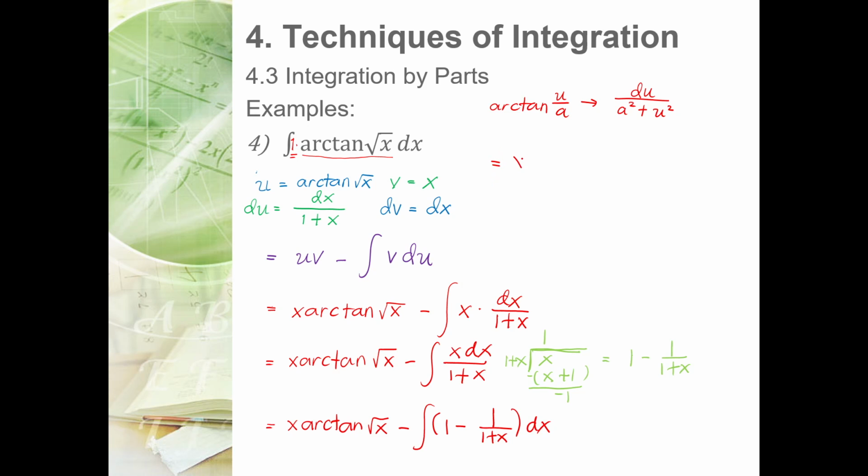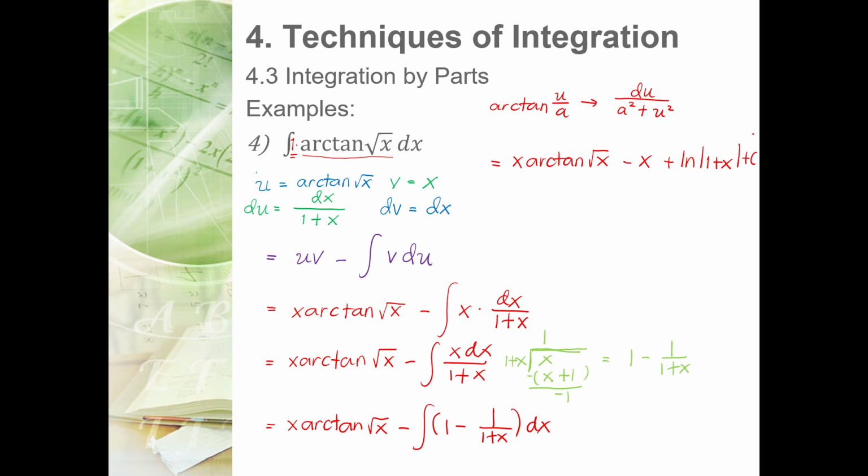So this becomes x arctangent square root of x, then minus x, then plus ln of 1 plus x. Let me just clean this up.